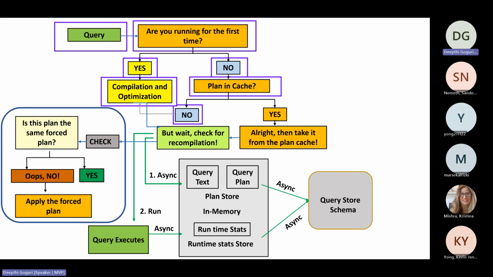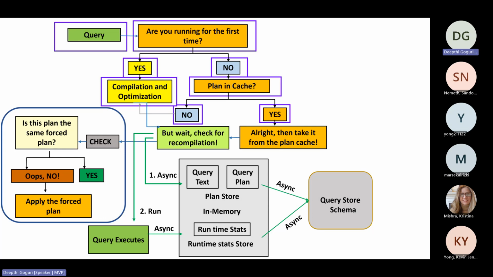So let's say there is no plan because the cache is flushed out. Then again, it will go ahead through the compilation and the optimization phase and then build a new plan.